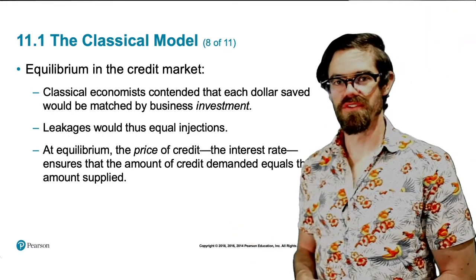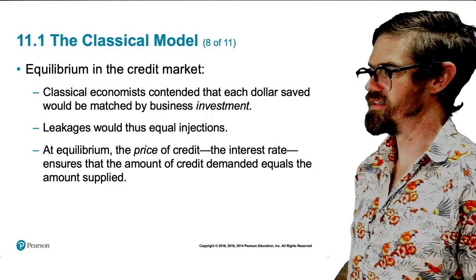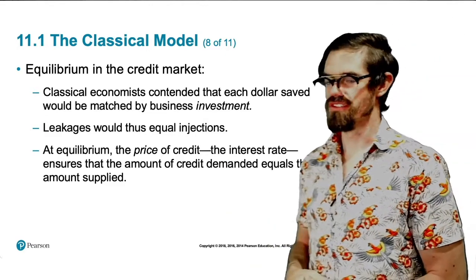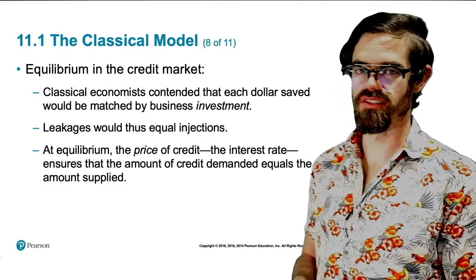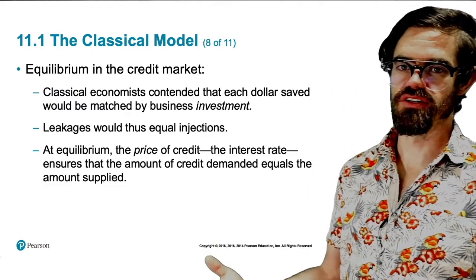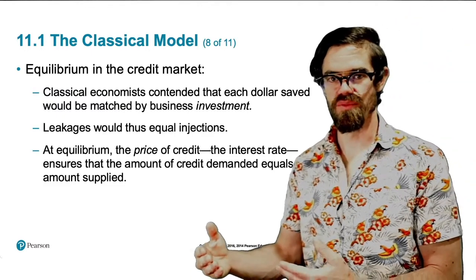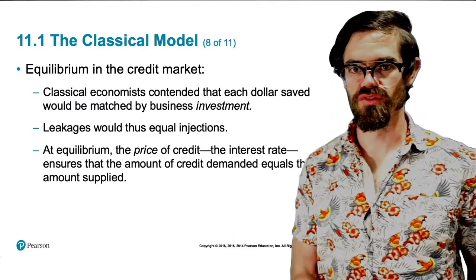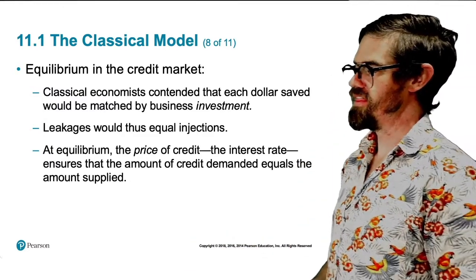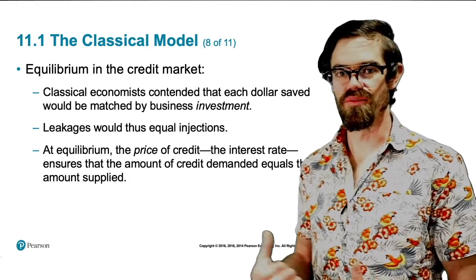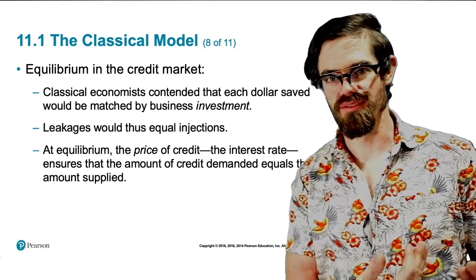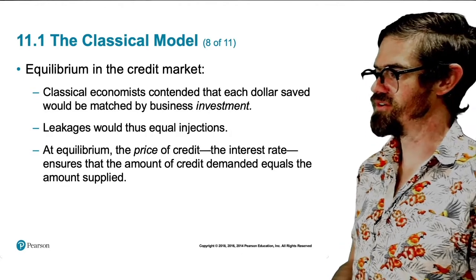But classical economists argued that every dollar that is saved is matched by a business investment. So every dollar that is saved is ultimately being borrowed and used for investment. And because of this, those leakages actually aren't a big deal. They get injected back into the circular flow.